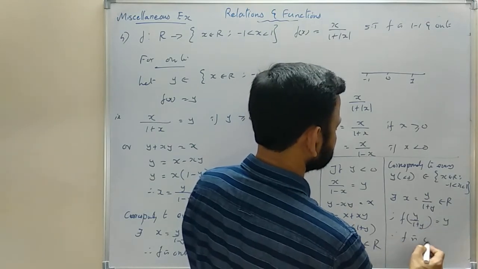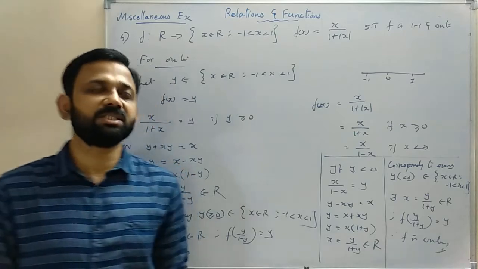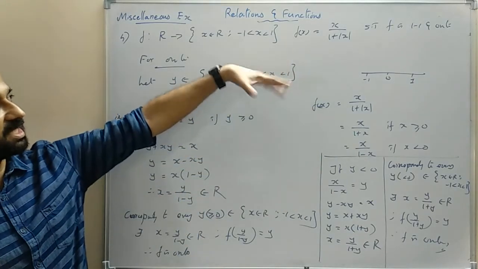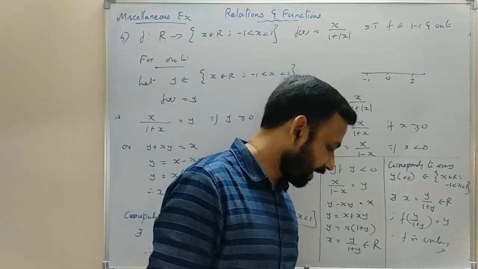Therefore f is onto function. So in both the cases we got f is onto. So we can say that the given function is 1 1 and onto.